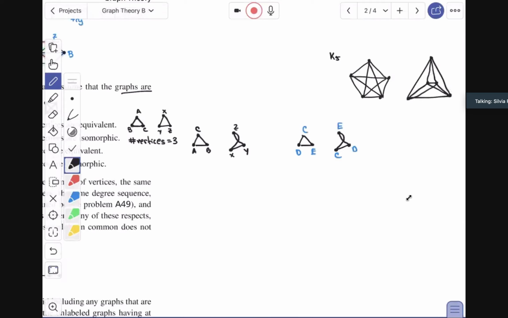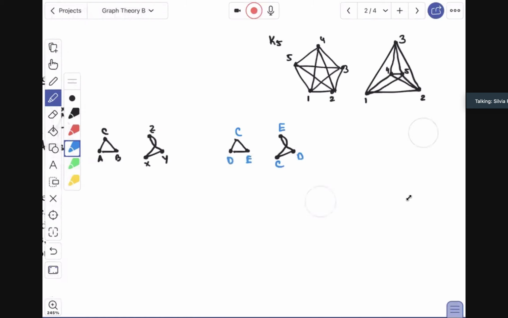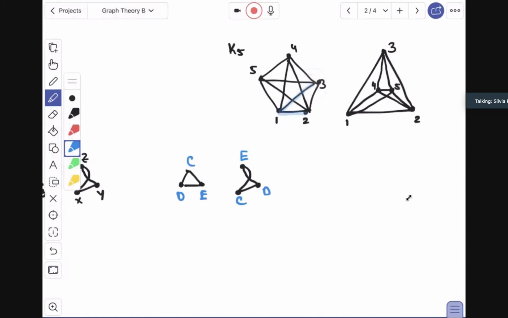And I can label 1, 2, 3, 4, 5, and 1, 2, 3, 4, 5. And you can actually check my highlighted edges. 1 is joined to 2, to 3, to 4, and to 5. In fact, as long as they have the same set of labels, it doesn't matter which is which, it will be fine because 2 is joined to everything else.